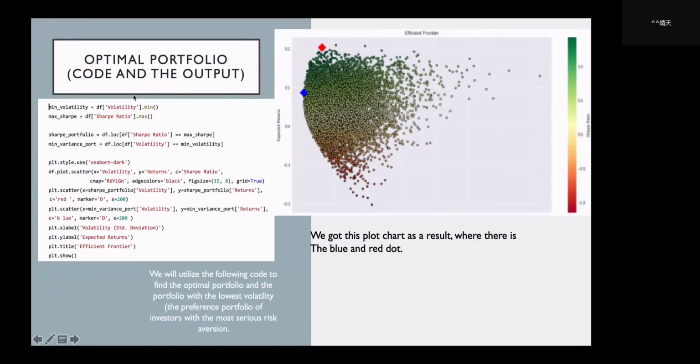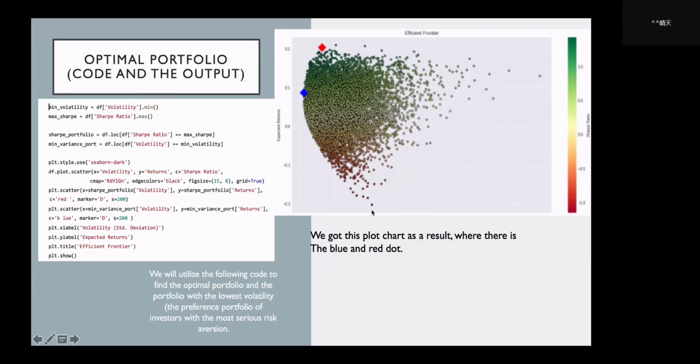So here is the optimal portfolio code and the output over here. Actually, the code is just trying to get the minimal volatility and the Sharpe ratio. We're just going to utilize this to find the optimal portfolio and the portfolio with the lowest volatility, the preferred portfolio of the investor with the most serious risk aversion.